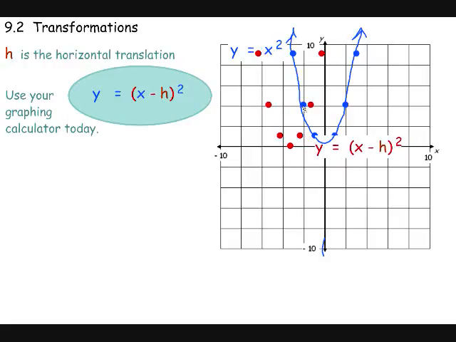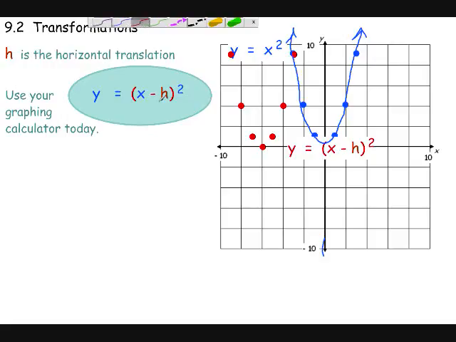So you could play around with this a little bit with your graphing calculator, and your graphing calculator will show you the new position as you put something inside these parentheses. Now notice that when we're talking about shifting horizontally, we are inside the operation.